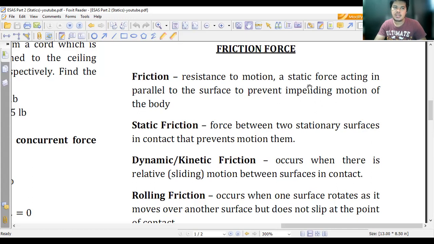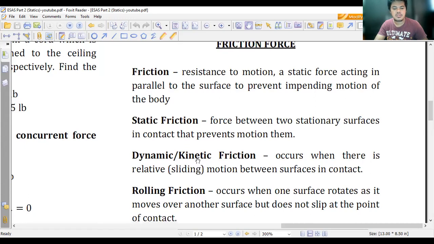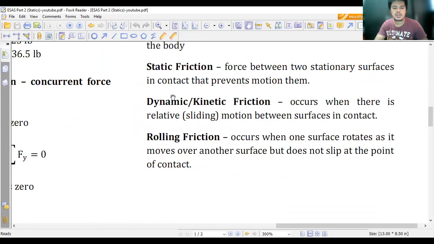So if the body is stationary, then the friction is opposite to the impending motion of the body. And then we can classify friction into three. We have the static friction, which is the force between two stationary surfaces.